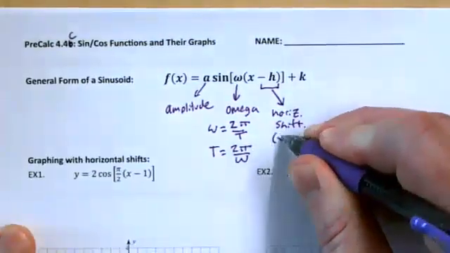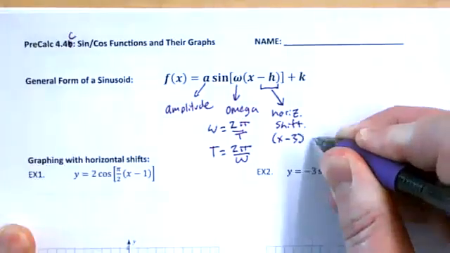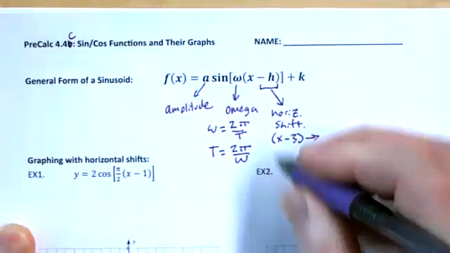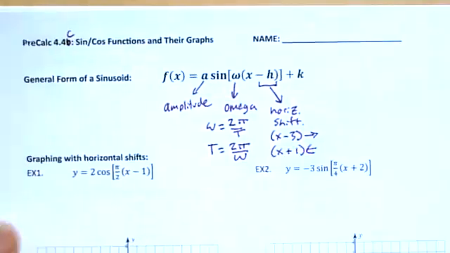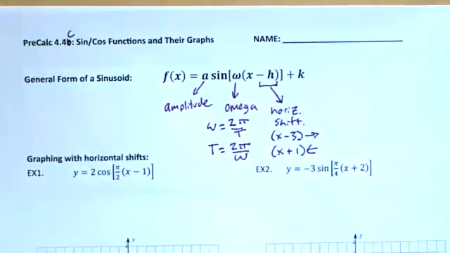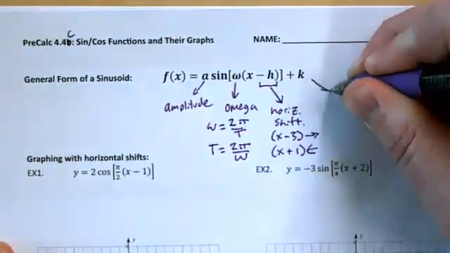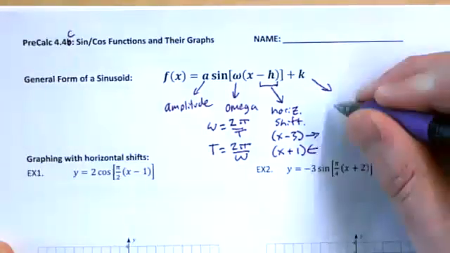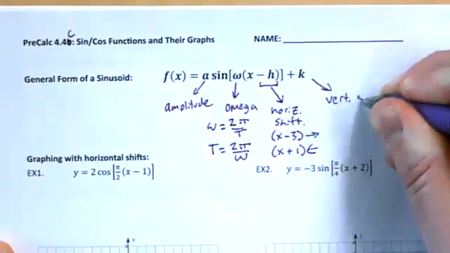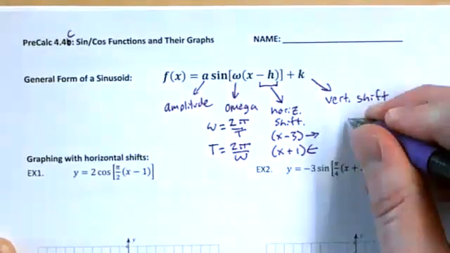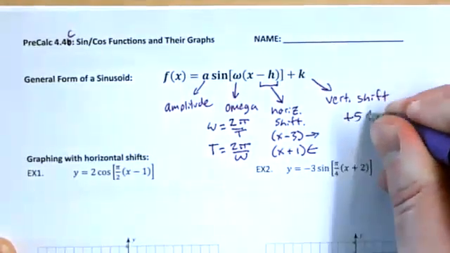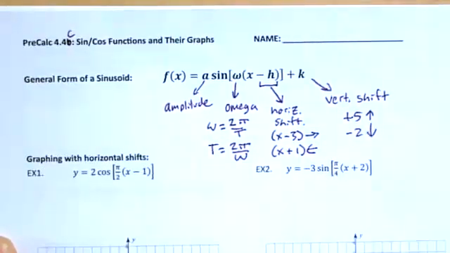If you had an X minus 3, that would actually move it to the right by 3. If you had an X plus 1, that would actually move it to the left by 1. So it's inside, so it's kind of backwards. And then K is going to give us our vertical shift. And since this is outside of the function, it's as you would expect. If you had a +5, that would move it up. If you had a -2, that would move it down.